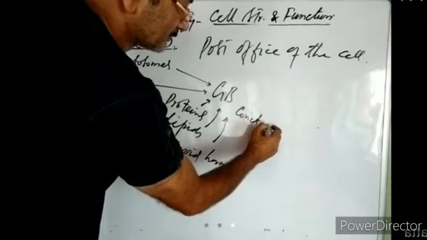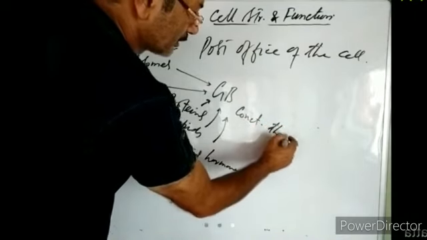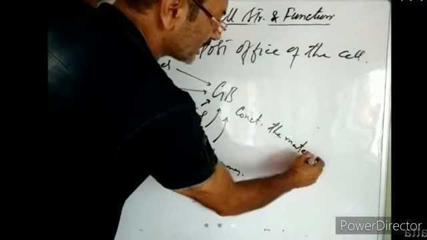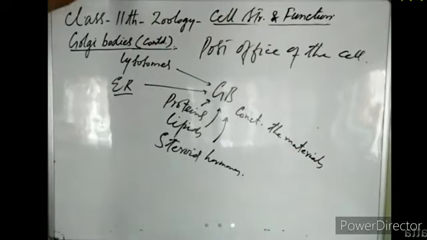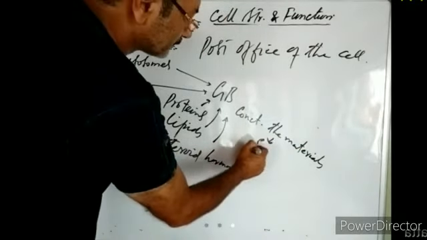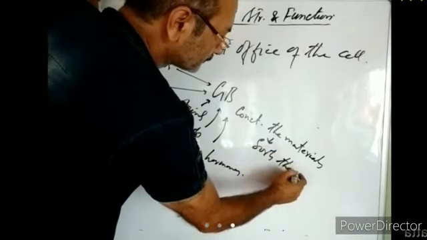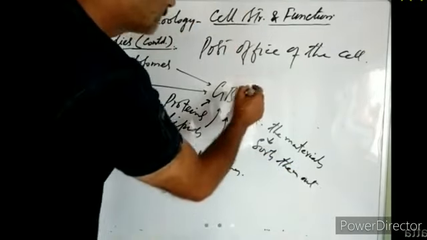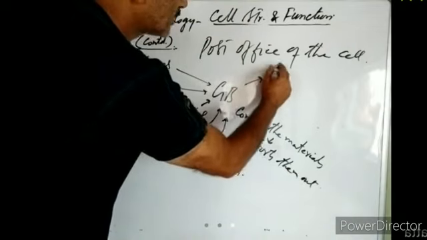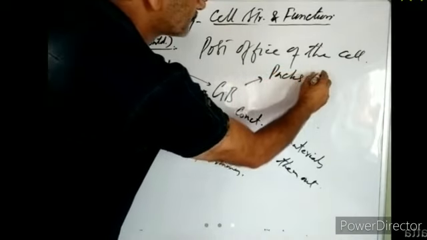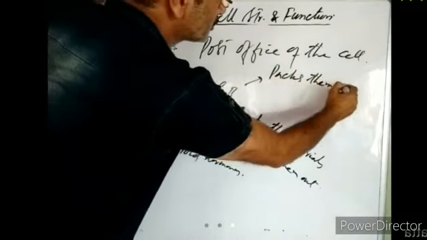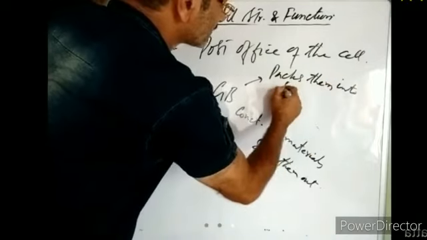It collects the materials and concentrates them. It sorts them out. Then it packs them into separate vesicles.